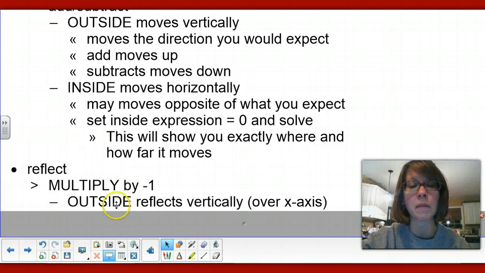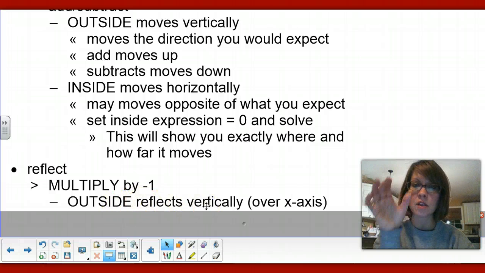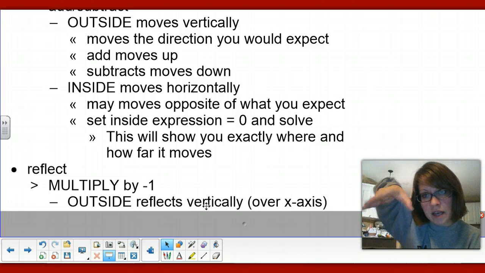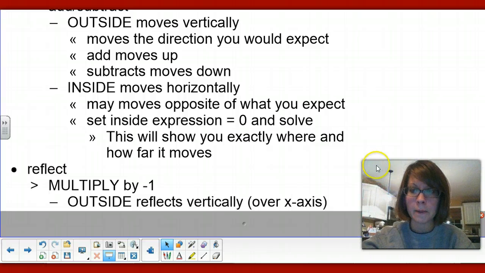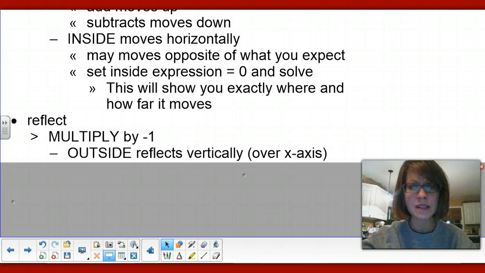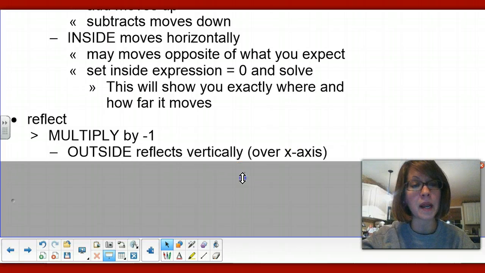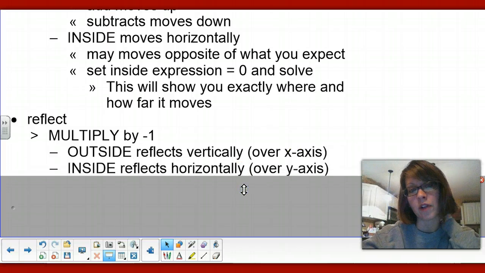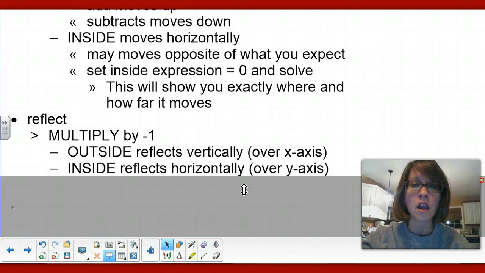Multiplying by a -1 outside reflects vertically. That means over the x-axis. That's a vertical reflection. It does not change shape. It does not slide. It just reflects. Now, if you multiply by a -1 inside, it's going to reflect it horizontally over the y-axis.